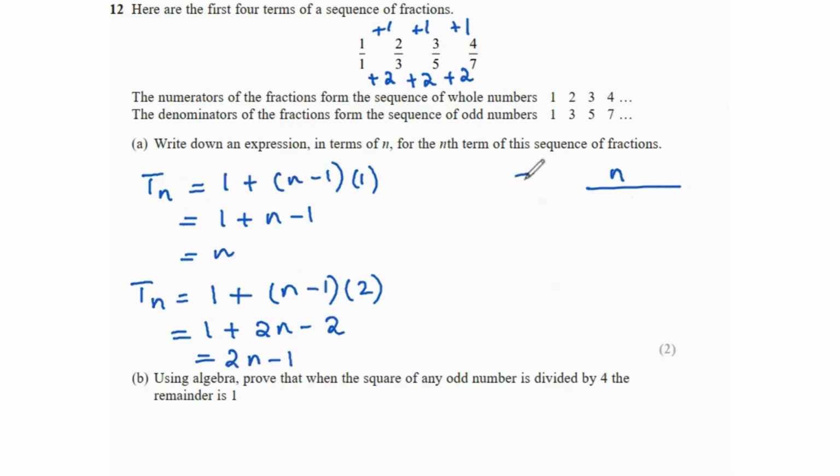So our nth term for the fraction is going to be n over 2n minus 1. And you can even check that by substituting, let's say, n equals 3. So the third term is going to be 3 over 2 times 3 minus 1, which is 3 over 5. Exactly the same as the number in the sequence. So this is how we find the nth term for this fractional sequence.